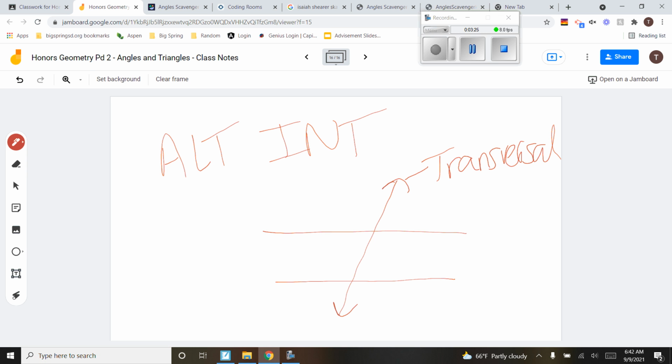Interior deals with between the parallel lines. So a set of alternate interior angles would be like this and this. Another set would be this and this. Alternate interior angles are always congruent. So they're equal to each other.